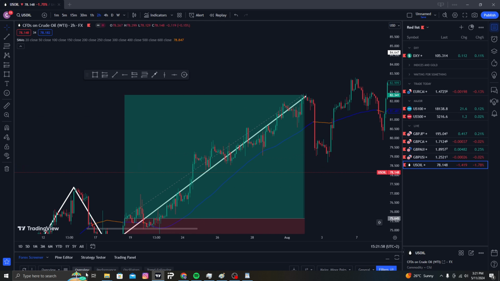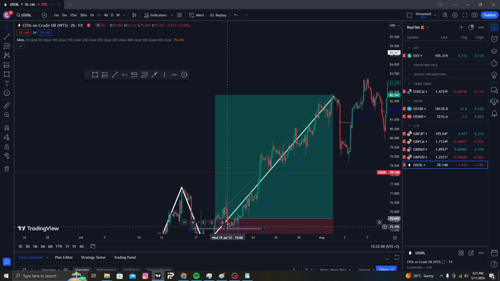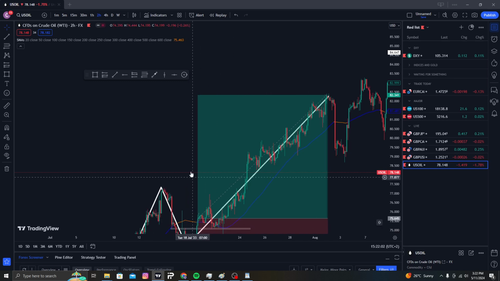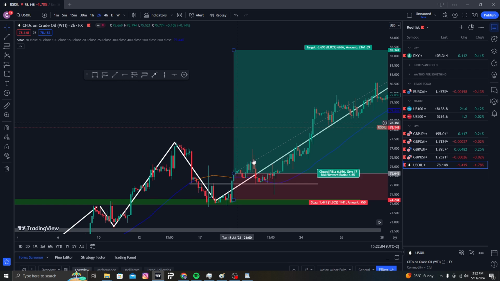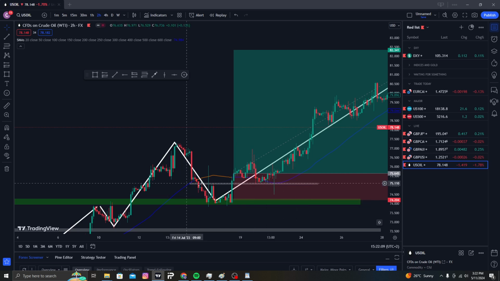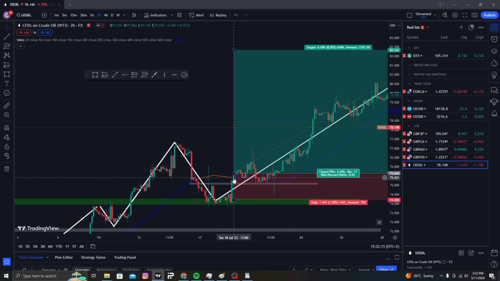I will enter here, brother. After you see the second candle, this is where I will enter, because I have this level here. That's why I like to use levels. I told you that I was going to enter at the second candle, at this candle where it closed.